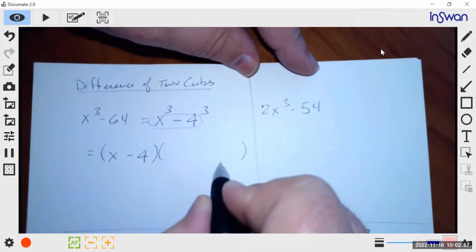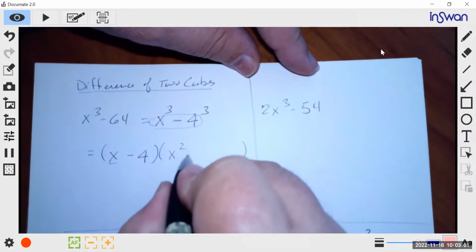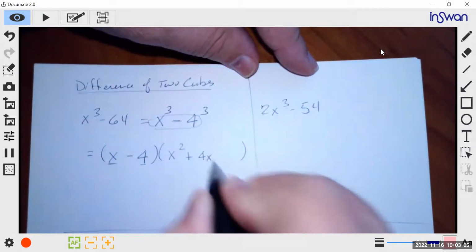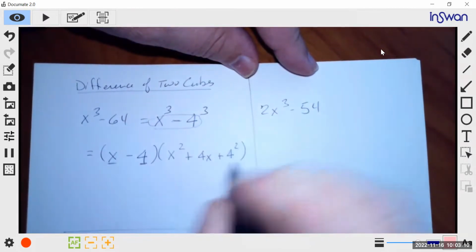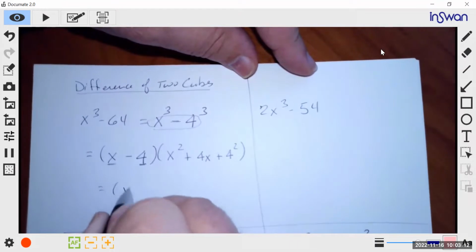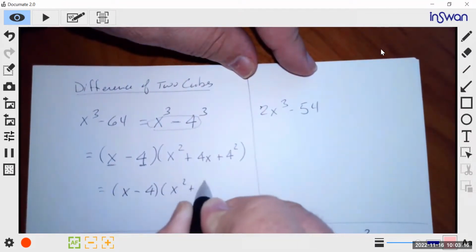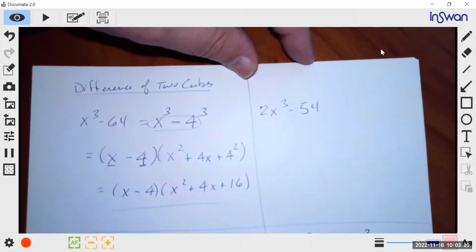Now inside the second one, square the first term, plus these two together multiplied, plus the second term squared. X minus 4, x squared plus 4x plus 16. And there's your factored form.